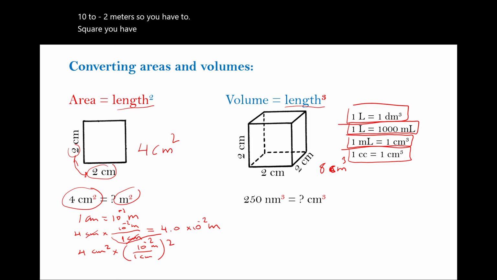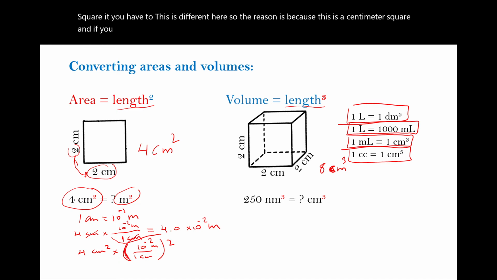This is different here. The reason is because this is centimeter square, and if you take the square of this relationship that we just found here, 1 centimeter is 10 to negative 2, that's the conversion factor.